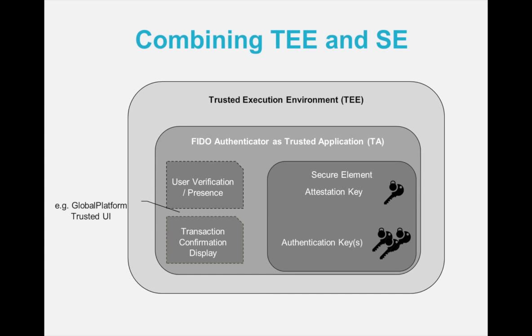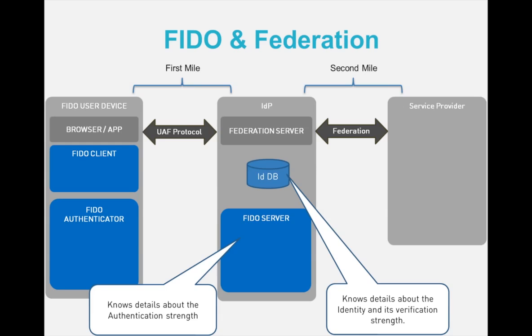And of course, if you want to increase the security level, we could also say, now let's use a secure element to maintain all the keys, and use a trusted application inside the TEE for user verification and for the transaction confirmations, for a trusted user interface, essentially, which we need to protect against the man-in-the-browser attacks.